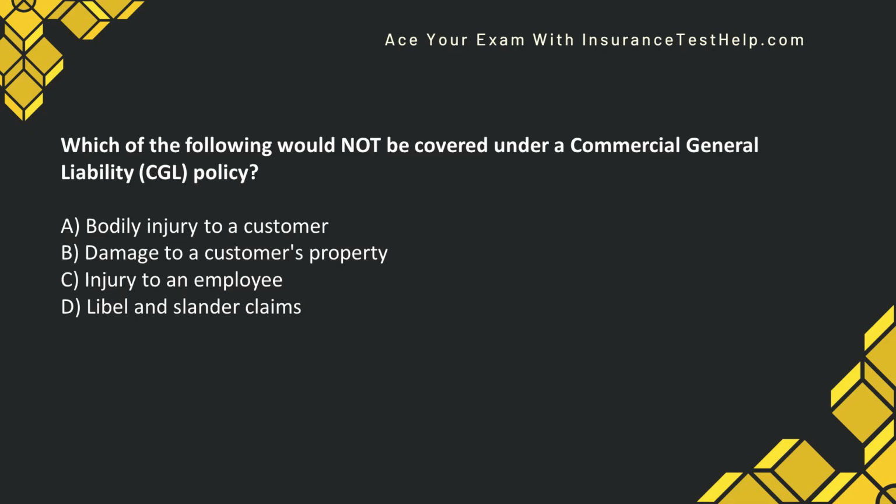Which of the following would not be covered under a commercial general liability policy? A, bodily injury to a customer. B, damage to a customer's property. C, injury to an employee. Or D, libel and slander claims.